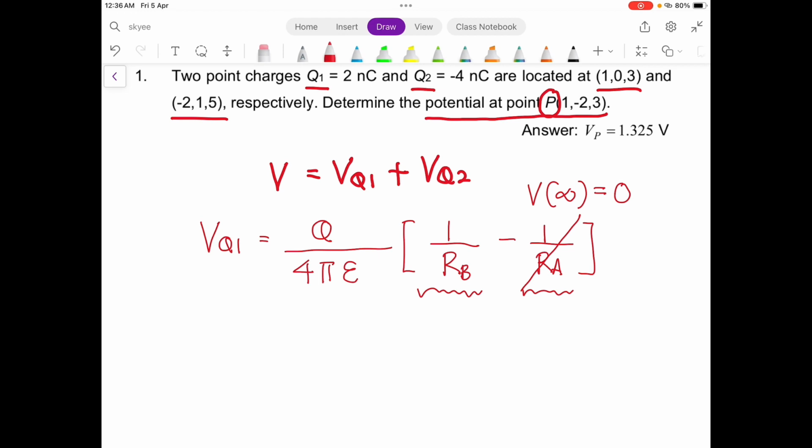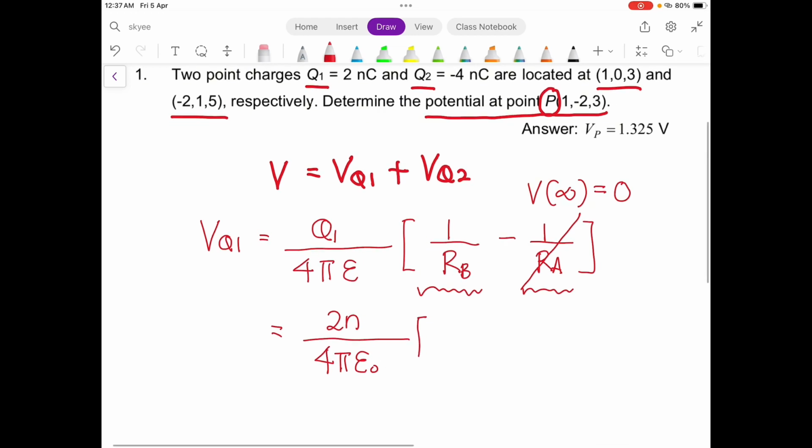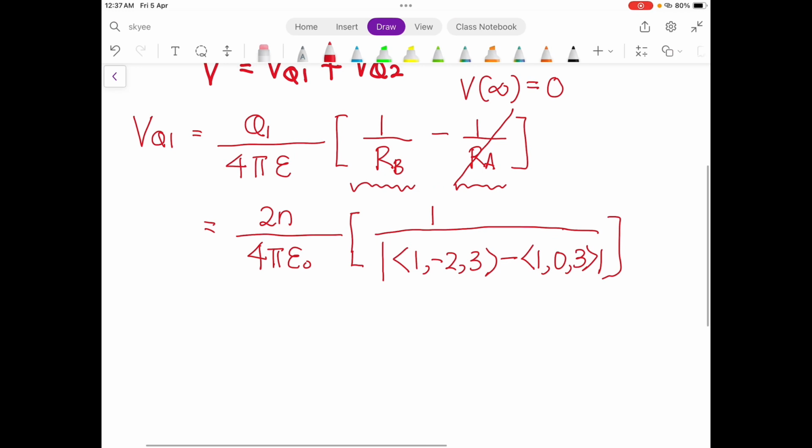To calculate the VQ1, we take Q1 equals 2 nano, divided by 4 pi epsilon naught, and RB will be the distance between the point P and the position of Q1, 103. You can calculate like this.